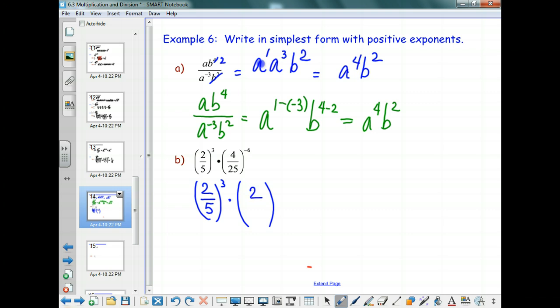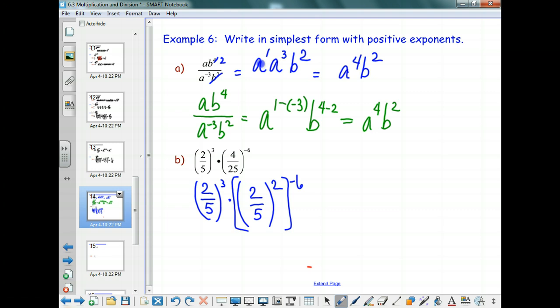2/5. So if I change this into 2/5, I can't just change it. That would sort of mean the problem changed entirely. What do I have to do to compensate for the fact that I just changed 4 over 25 into 2 over 5? Say it louder, Caleb. Square this. Now all of that is to the negative 6.